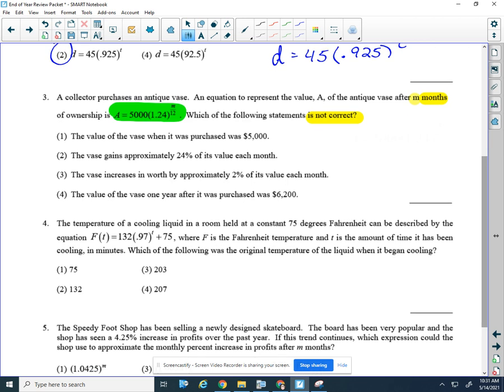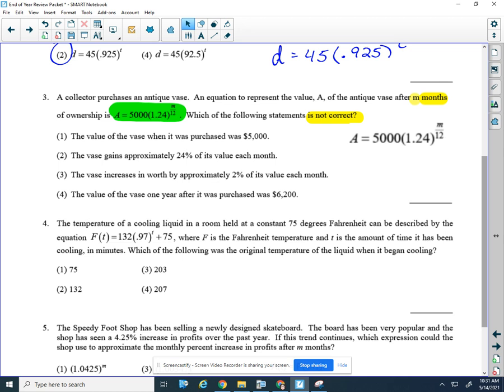Number 3, these are always tricky. It's multiple choice and they want to know which one is not correct. A collector purchased an antique vase. An equation to represent the value A of the antique vase after M months of ownership is the one in green. Which of the following statements is false, not correct? So what we're going to do is look at each statement.